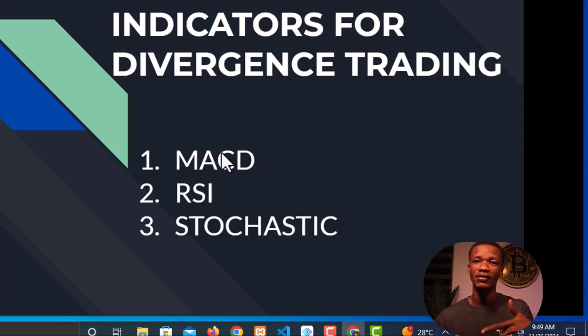The relative strength index and the MACD are better for me compared to the stochastic indicator. However, the third one is the stochastic indicator, which you can also use for your divergence confirmation or divergence trading. But if you want to get a really absolutely good divergence, the first 2 are the best indicators to use for your divergence trading strategy.